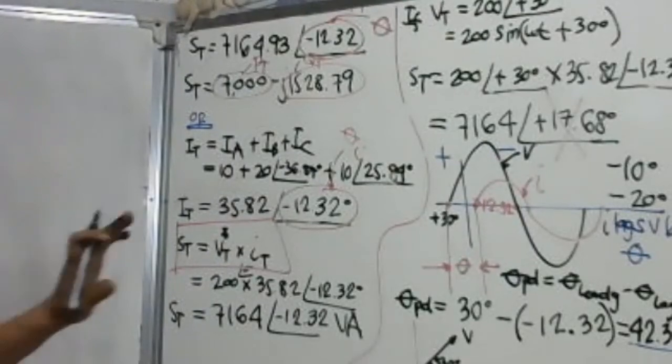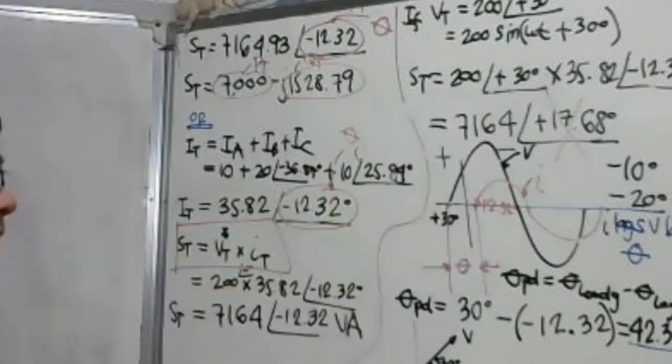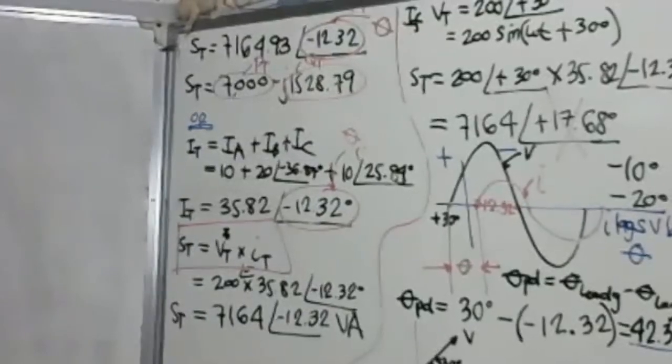The positive, make it negative 30. Although ang given natin positive 30, gawin mo siyang negative. The current will stay there as 35.82 at negative 12.32 degrees. So, of course, if you calculate, that's 71.64.